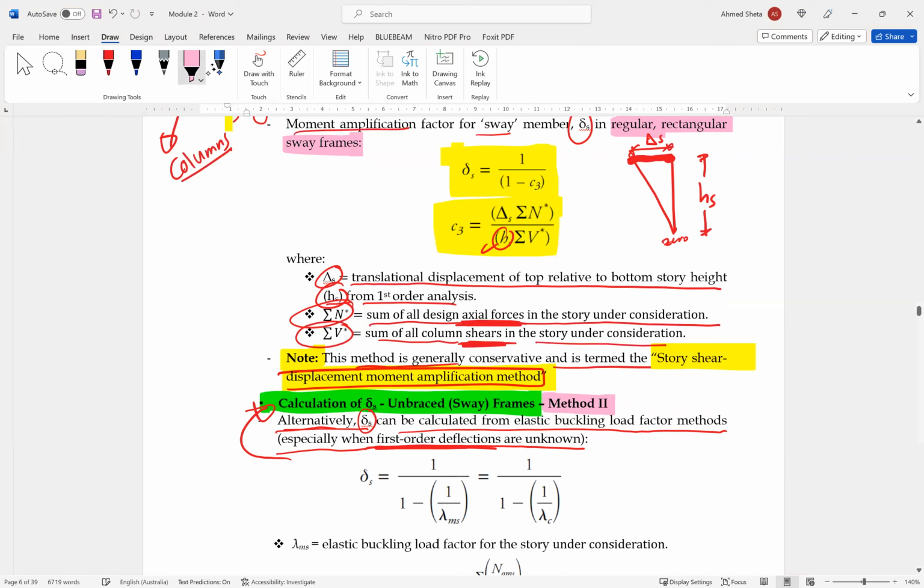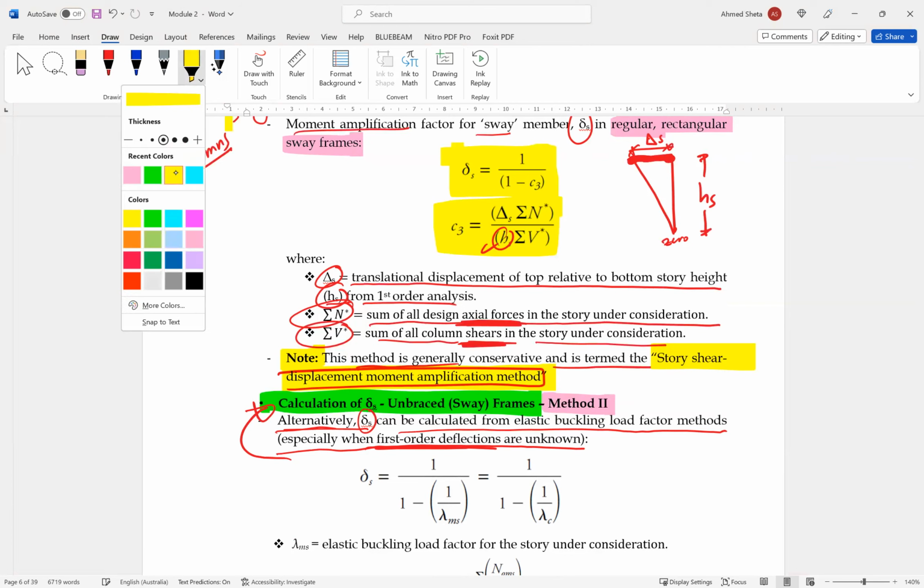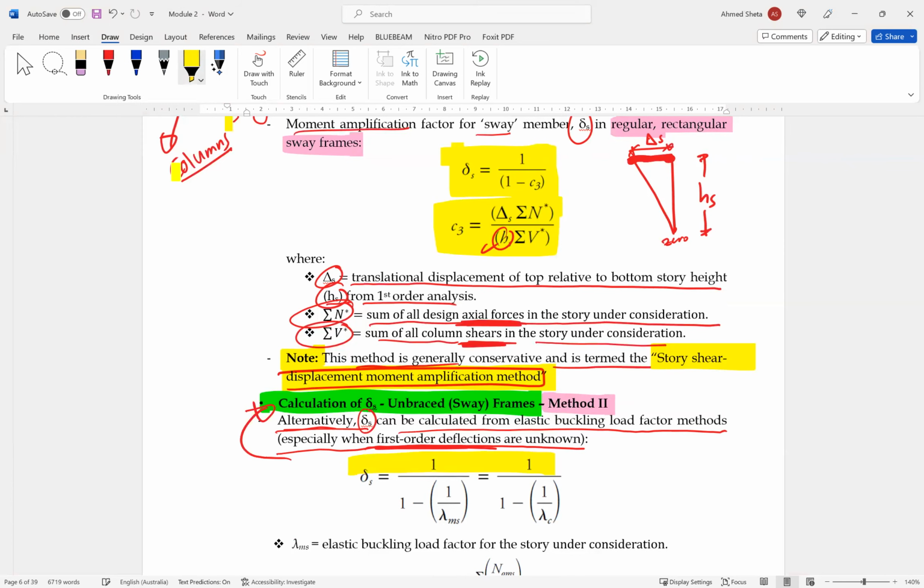In this method, delta S is equal to 1 over 1 minus 1 over lambda ms, or 1 over 1 minus 1 over lambda c.